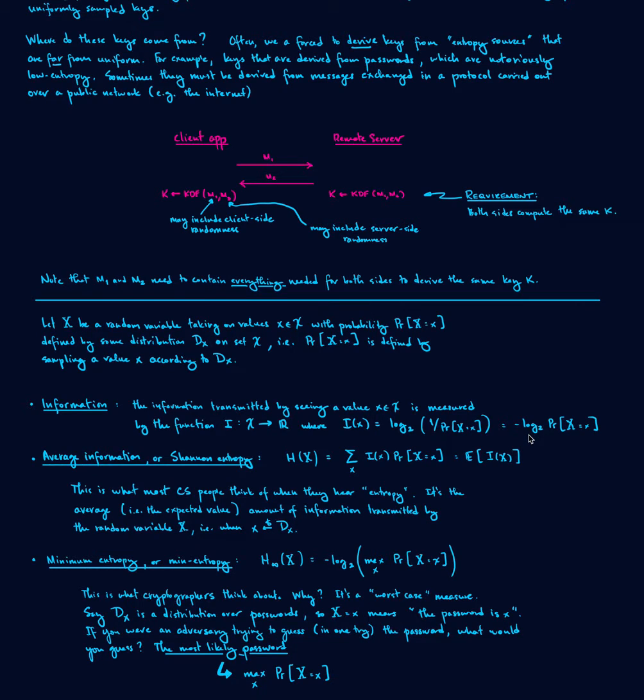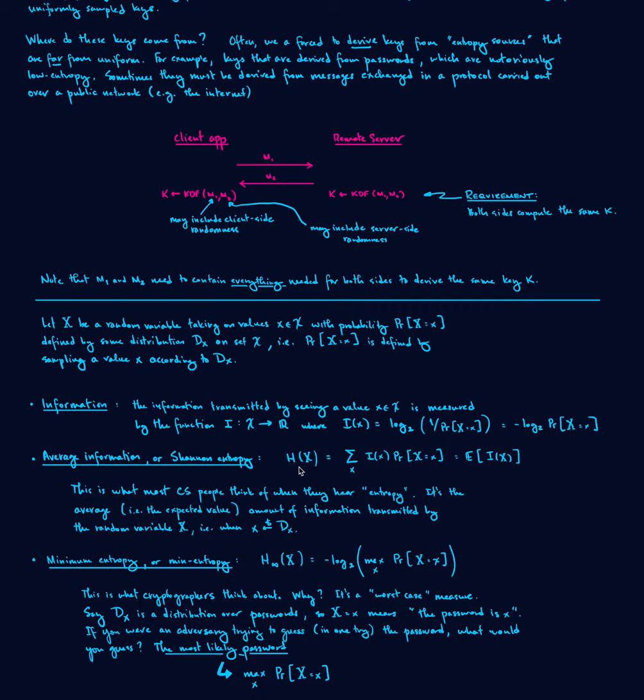Okay. Now, entropy. When most computer scientists think about entropy, what they are really thinking about is something called the Shannon entropy. And the Shannon entropy is in fact the average amount of information. So on average, if I sample from some underlying distribution, how many bits of surprise, how many bits of information can I transmit?